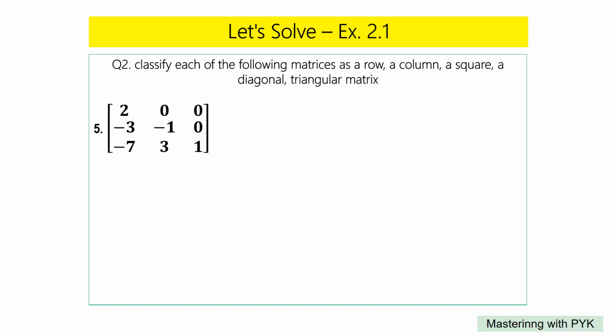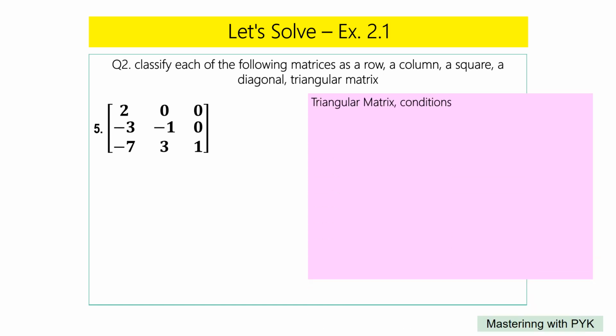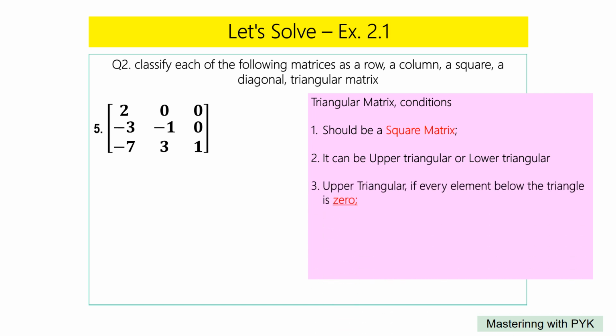Question number 5. We studied about the triangular matrix. So let's revise the conditions again. The matrix has to be a square matrix. It can be upper triangular or lower triangular. Upper triangular if all the elements below the triangle are 0 and lower triangular if all the elements above the triangle are 0.